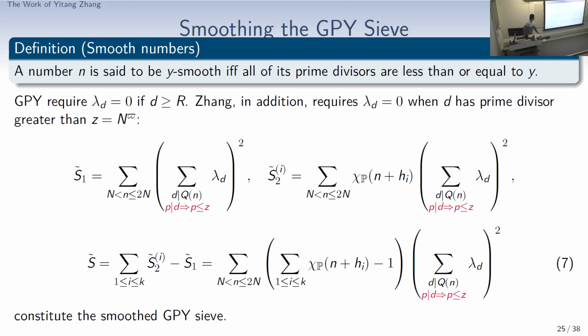You might imagine that because we modify the conditions of the sieve, it is likely that we need to do a whole lot of calculations again. But what Zhang found is that adding these conditions does not really change the main terms significantly.